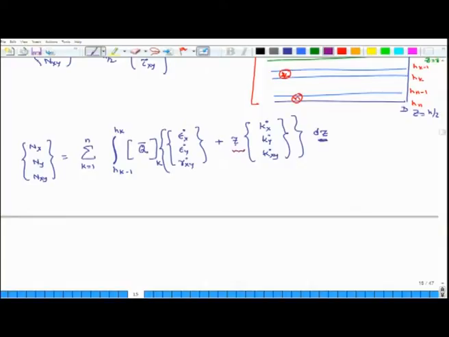So, when I integrate, this z becomes z square by 2, and when I integrate the mid plane strain vector, I get another z term here, okay.